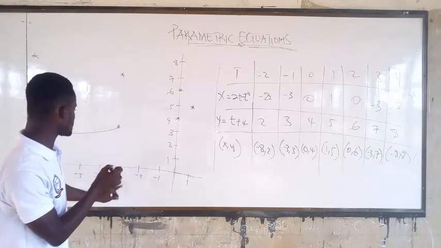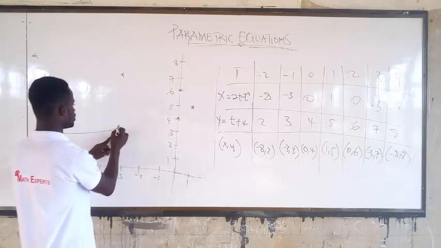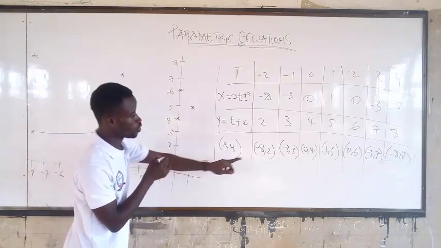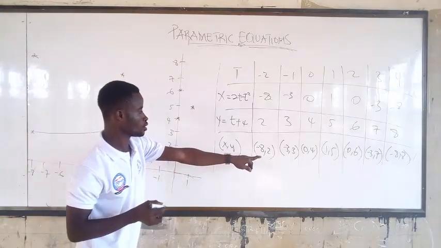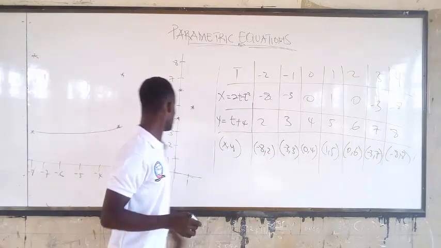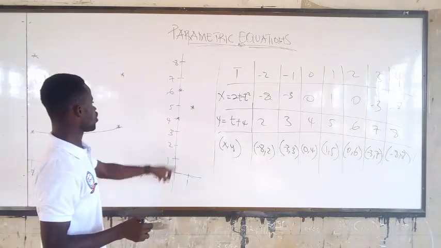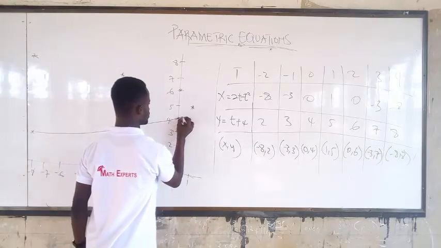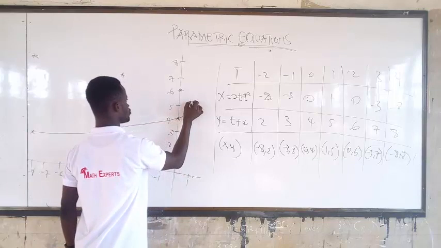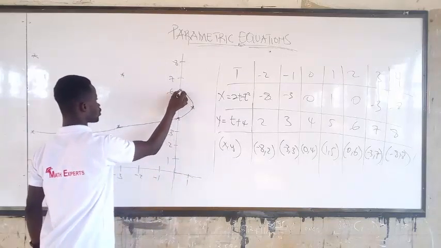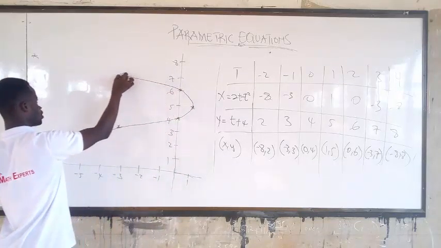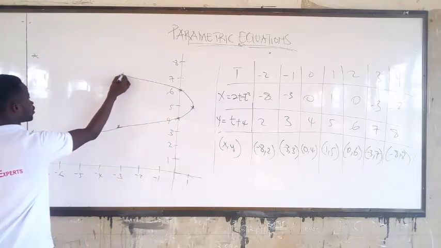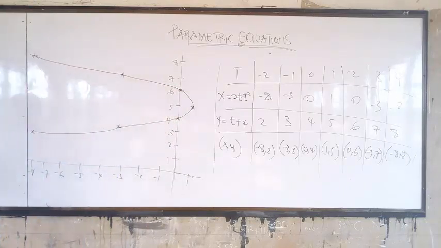Then your next point is negative 3, 3. Then you move to 0, 4. So just continue your graph. Then come to this side. Beautiful.